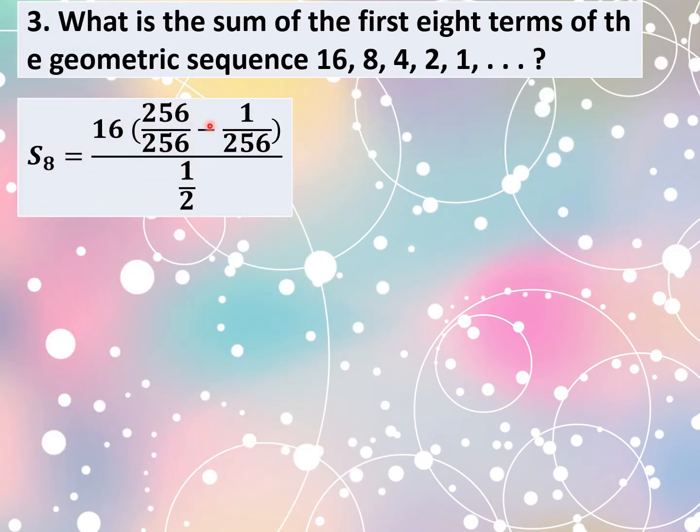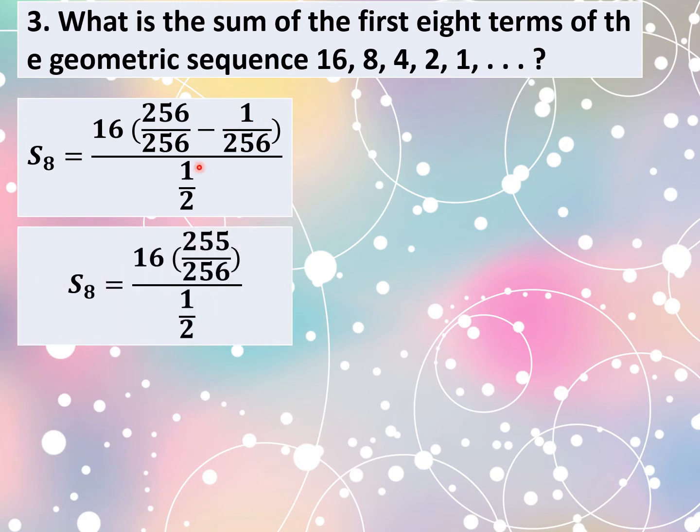So, from here, pag sinubtract na natin 256 minus 1, that is 255, and copy the denominator na 256, pwede na tayo ngayon mag-multiply sa 16 or pwede na tayong mag-cancel out dito sa denominator na 256. So, 16 divided by 16, that is 1, and 256 divided by 16, that is 16.